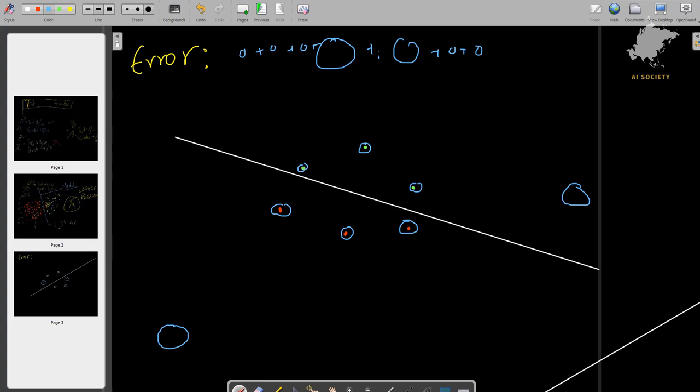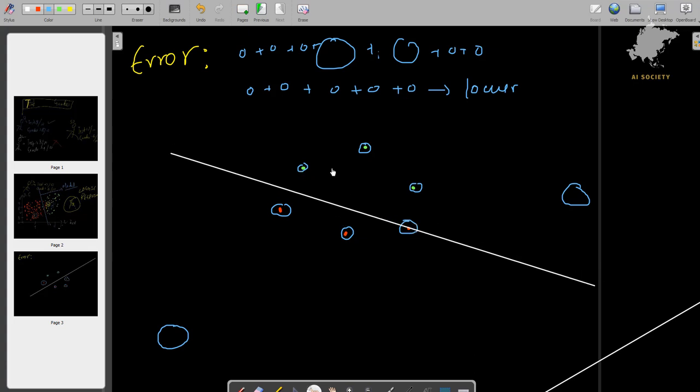And the point where we have minimum error is going to be our lowest error function. So basically the idea is to jiggle the line around to minimize the error.